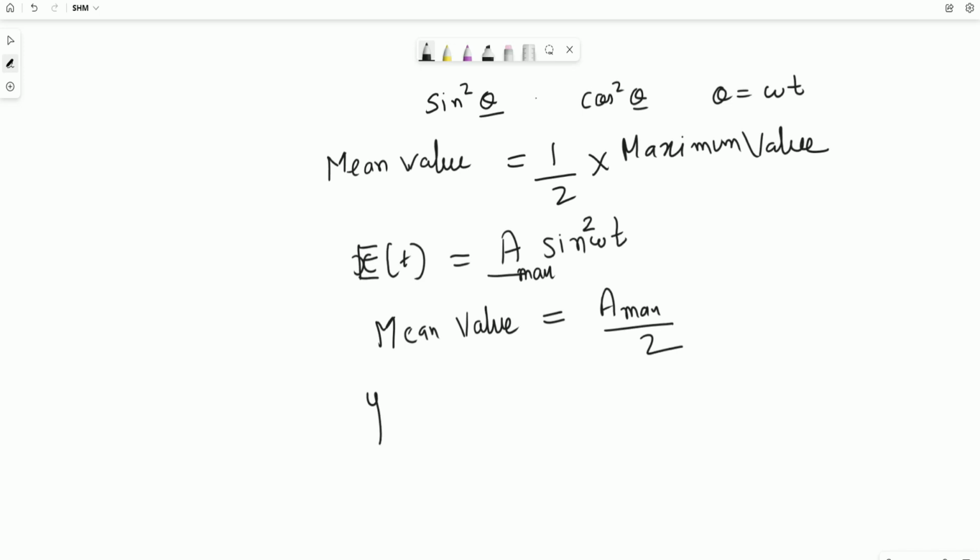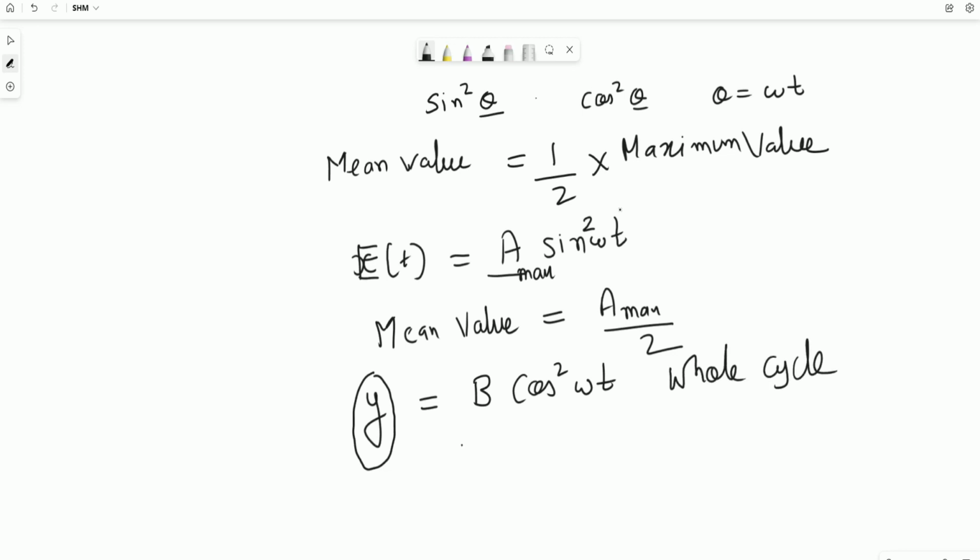So you're given any function y is equal to b cos square omega t. You have to find the mean value of y through the whole cycle. Remember the word whole cycle. So the mean value of y over a whole cycle will be given by half of the maximum value. The maximum value is b, so just multiply it with b. Right? I hope this is making sense. So if you have to find the mean value of sine square and cos square theta, please use this strategy.